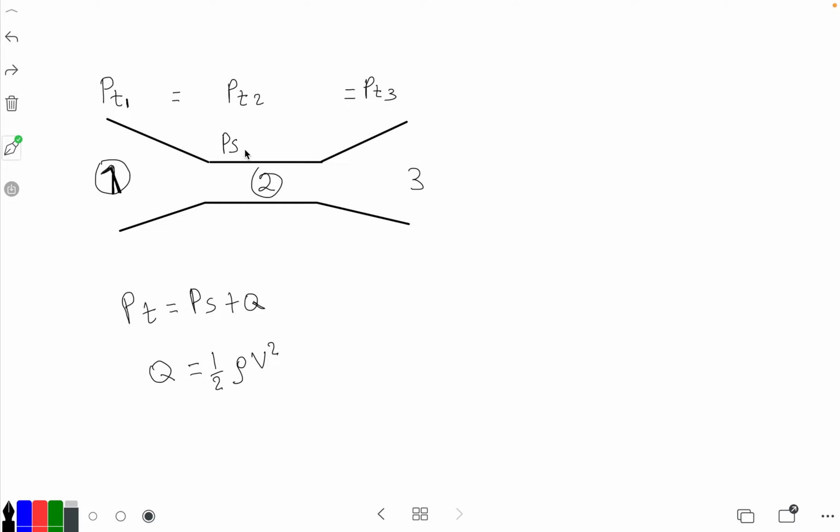So in order for this to remain constant, because speed goes up, dynamic pressure goes up, static pressure must go down in the throat.